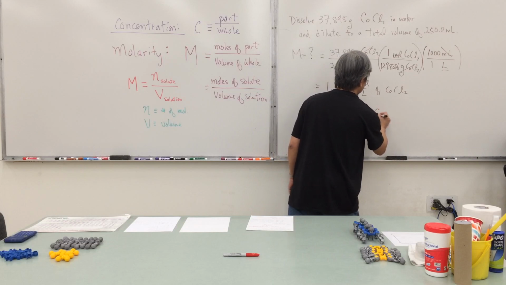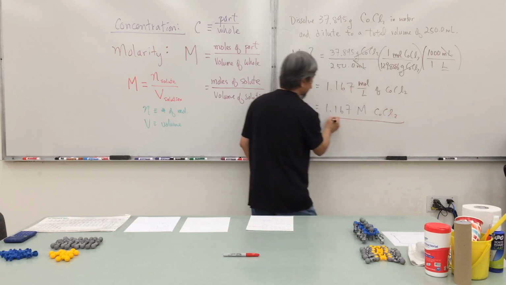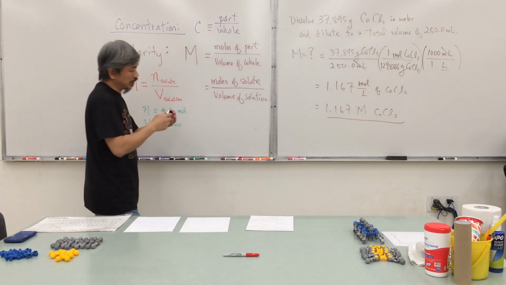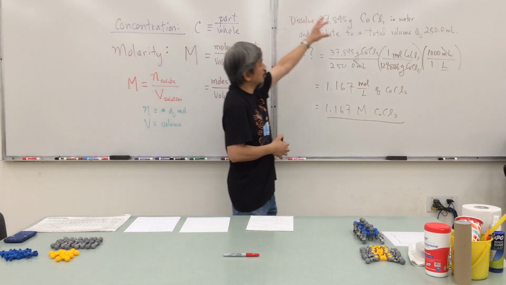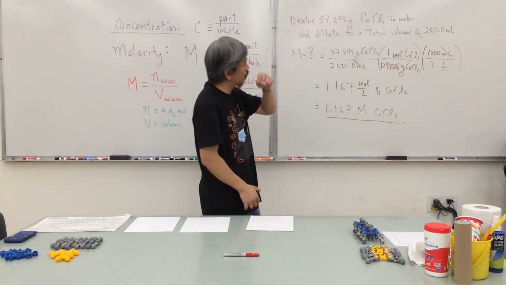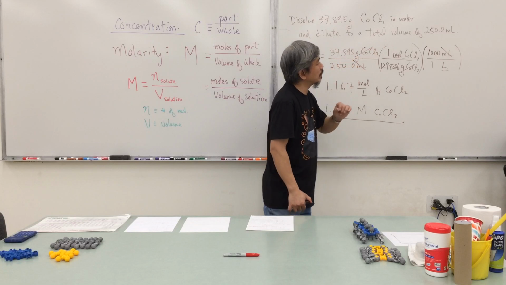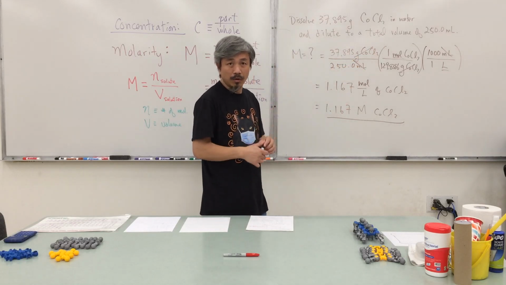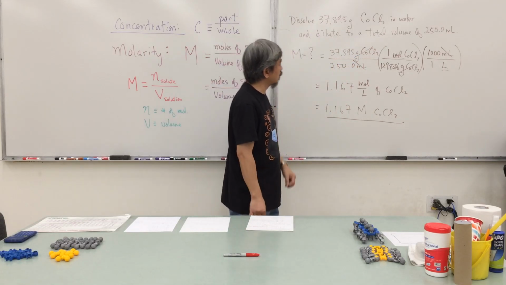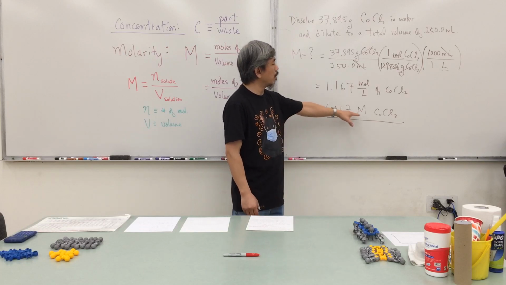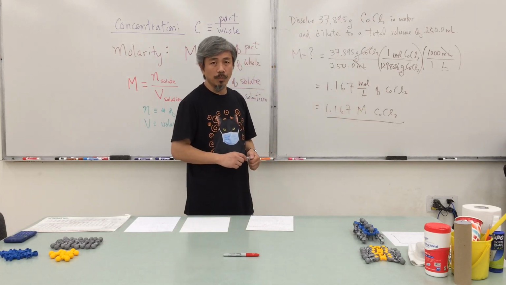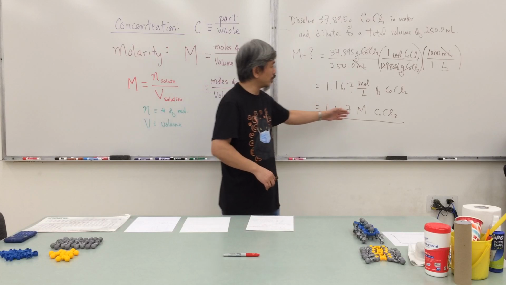And so I have this as my final answer. So what I produce is when I dissolve this much cobalt 2 chloride into water to make a 250.0 milliliter sample of a solution, I end up with a solution that is now 1.167 molar solution of cobalt 2 chloride. Okay, so that's how you kind of refer to this.